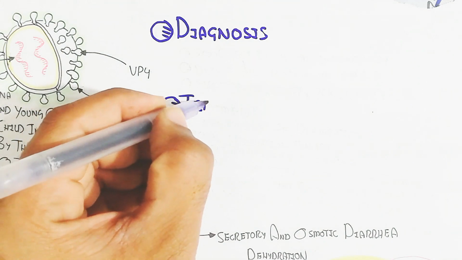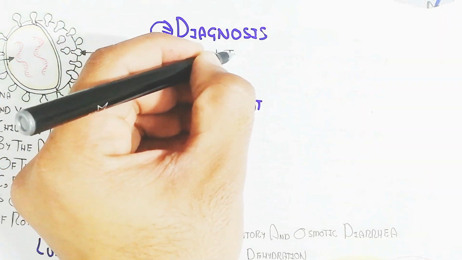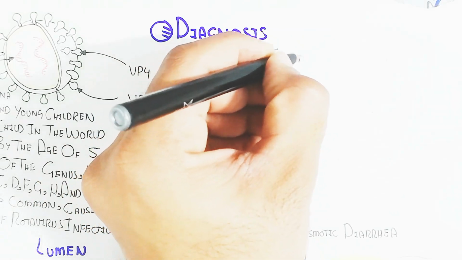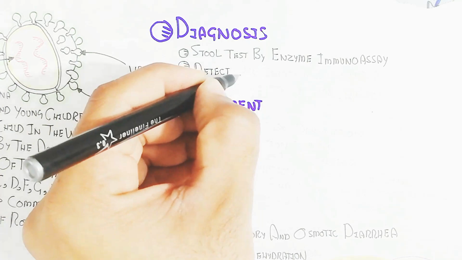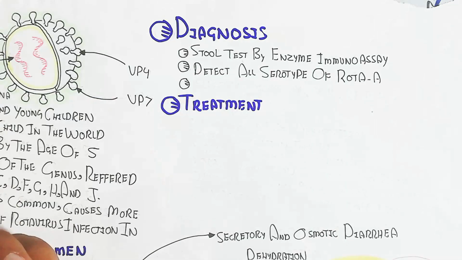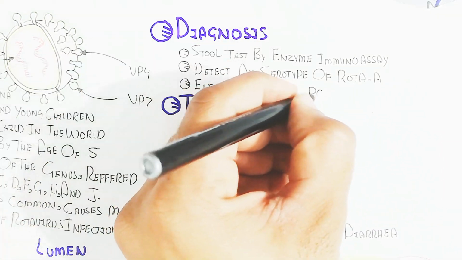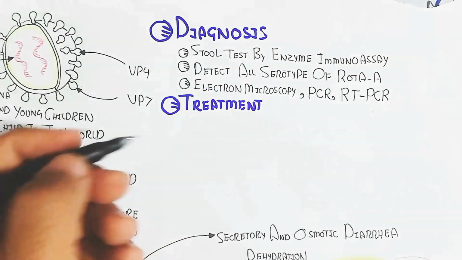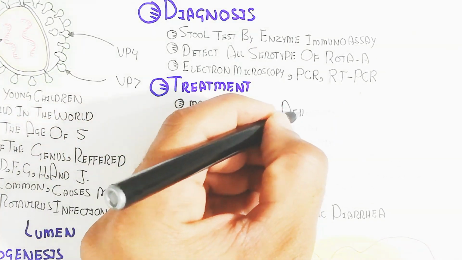Remember, the diagnosis is the stool test first, by enzyme immunoassay, which detects all serotypes of rotavirus A. On the other hand, electron microscopy can identify the rotavirus, and PCR as well as real-time PCR are used for identification of the infection.